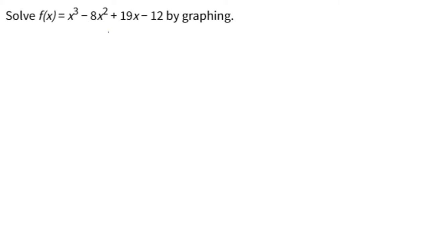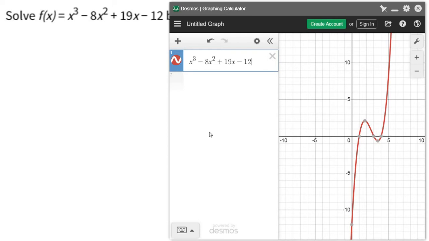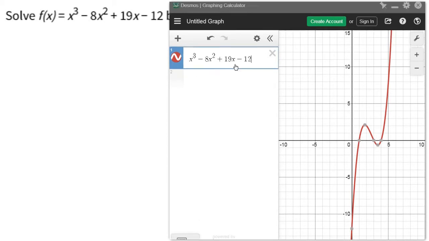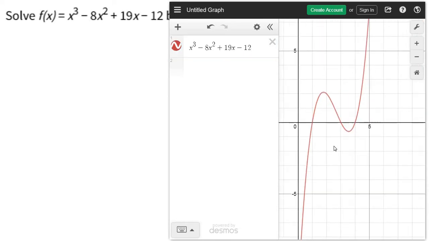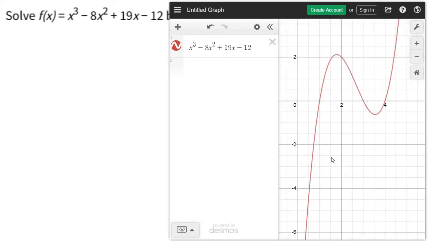So here's an example. Solve this cubic by graphing. Now those are nice when they say by graphing, because all we're going to do is go graph it, plug it into Desmos. And so I graphed this already just to save time. I'm going to zoom in on this graph a little bit. So when they say solve, we're looking for x-intercepts. I like to just set it equal to 0.